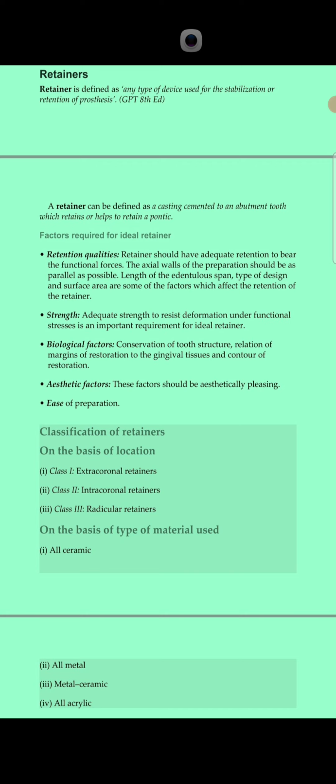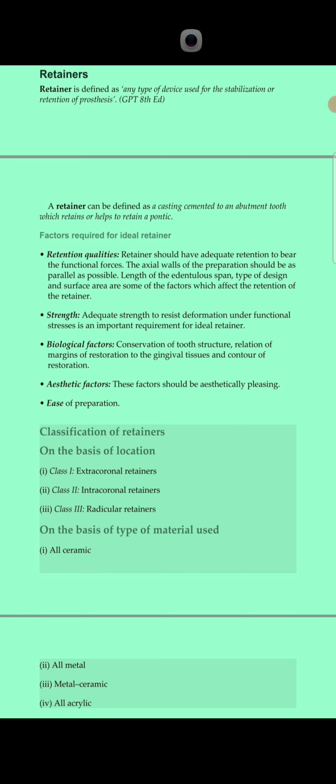Meaning first we should conserve the tooth structure, do not do overcutting, and the margin of restoration to the gingival tissue should have no overhang, and there will be good contour of restoration, well finished and polished.